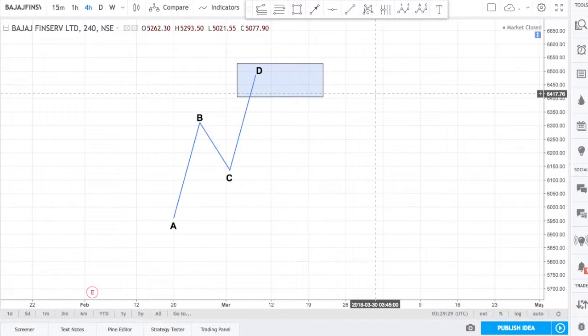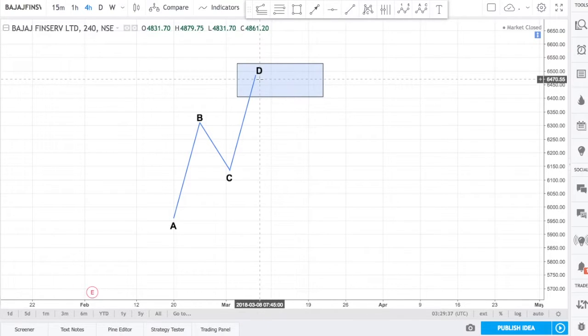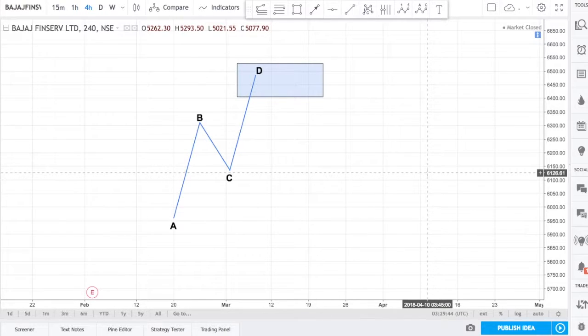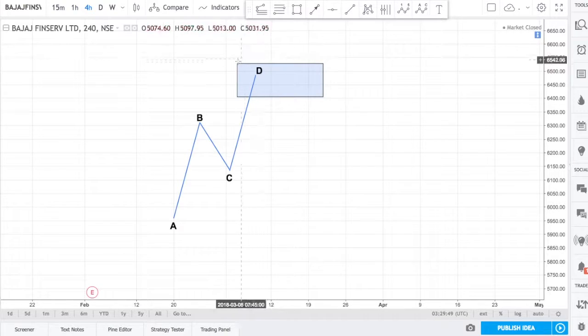Next, to enter a trade, we have to spot a lower low closing from this zone. In this case, in a bullish ABCD pattern, to enter a trade, we need to spot a lower low closing from this zone.